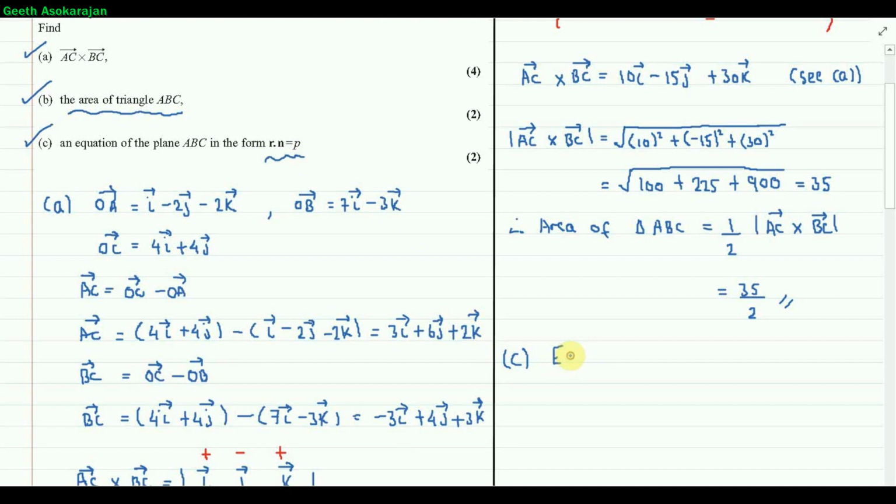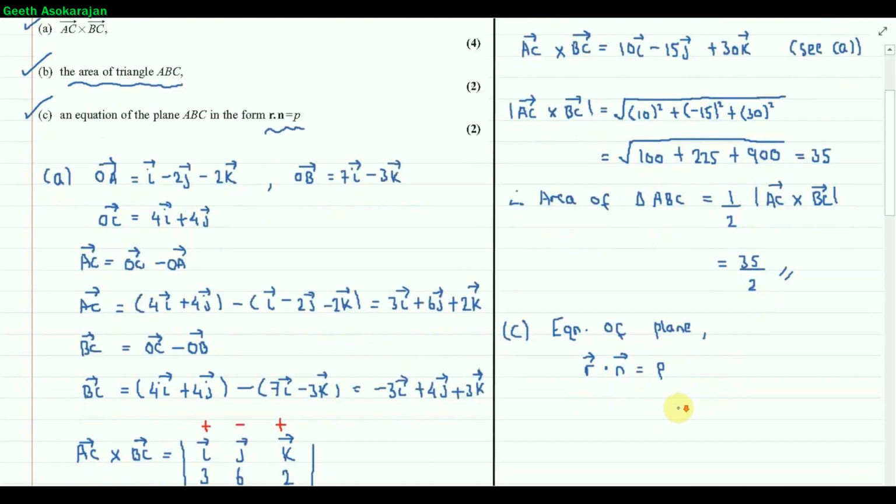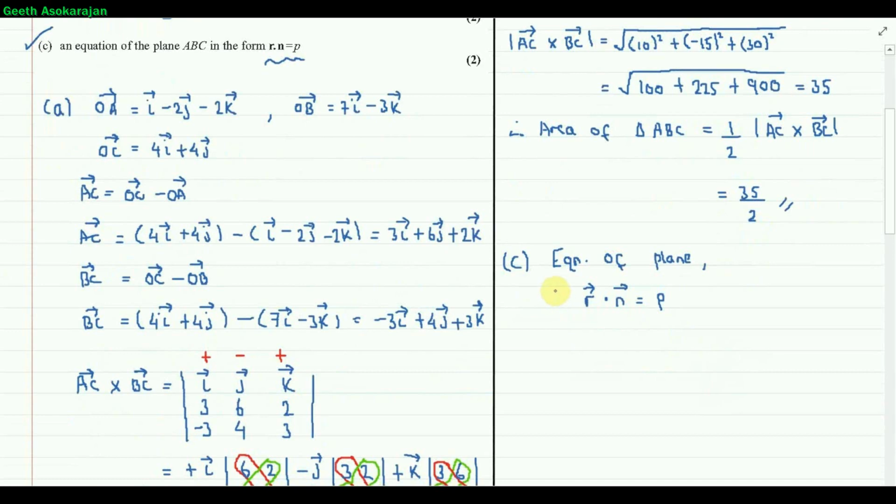So the equation of the plane, that formula being r dot n equals p. As I said earlier, this is the scalar product equation for the plane.